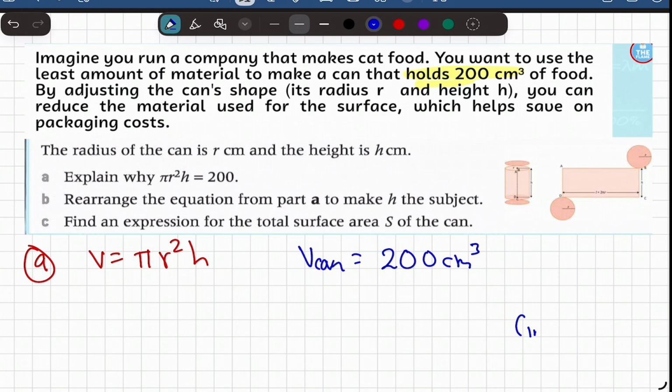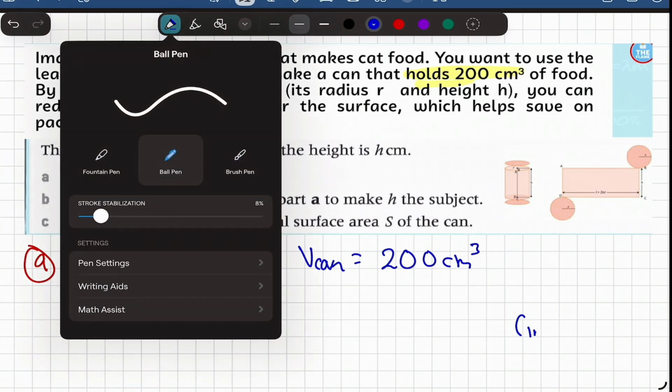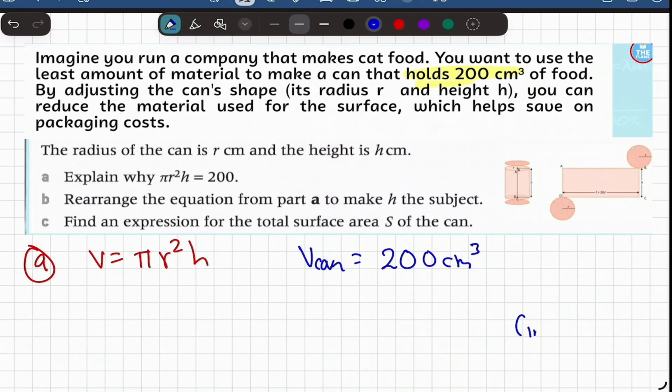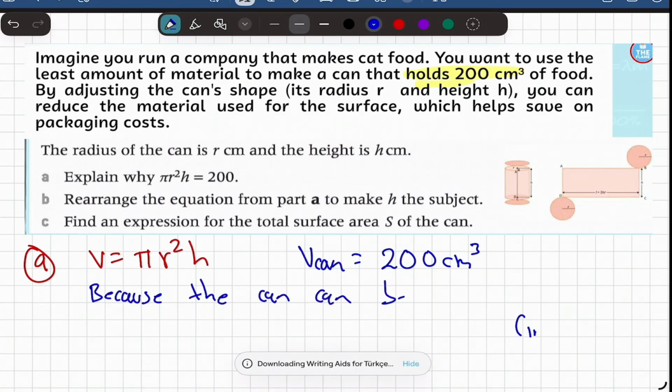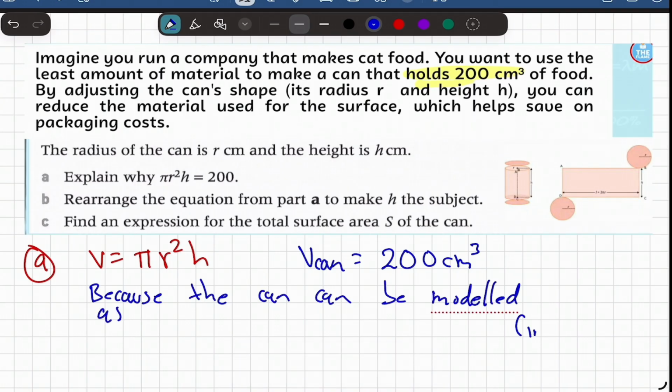When we explain, we need to write down something. So we need to say because the can can be modeled as a cylinder. And that's it. This is a little bit obvious. Because the can is a cylinder, this is the model that we can use.